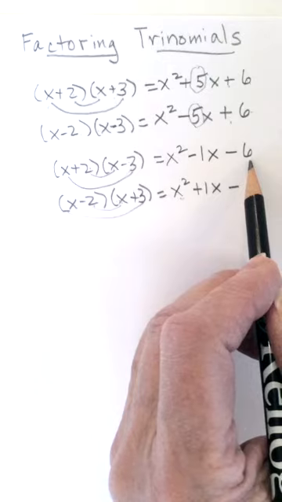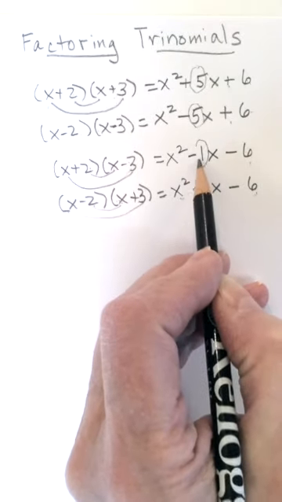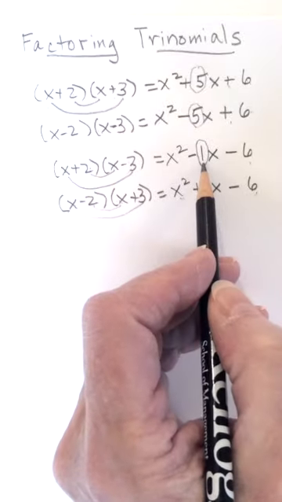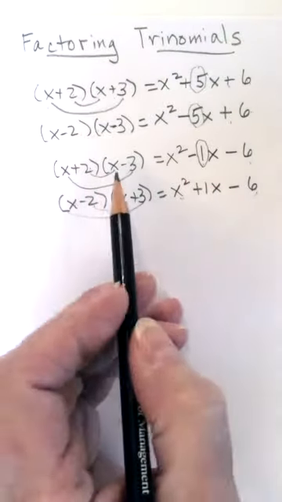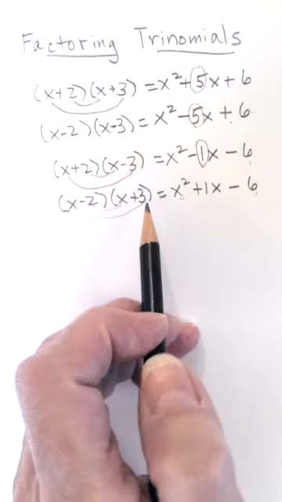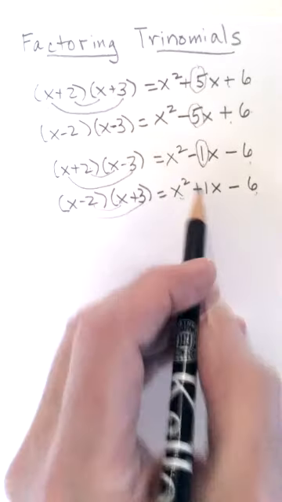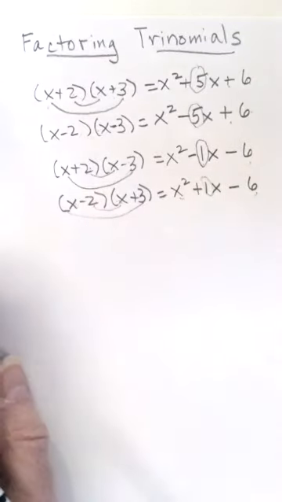When the last term was negative, the middle term, its absolute value, so 1, was the difference of the 2 and the negative 3, the absolute value of their difference, and here as well. Okay?